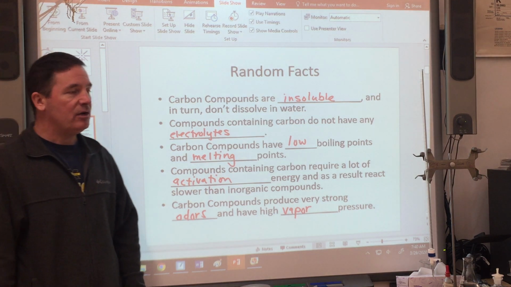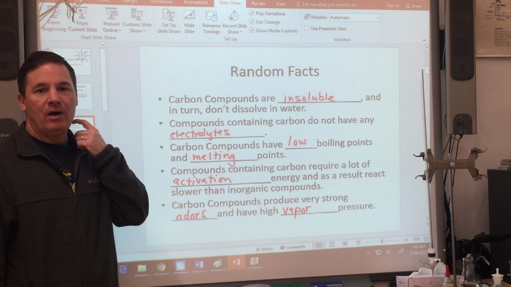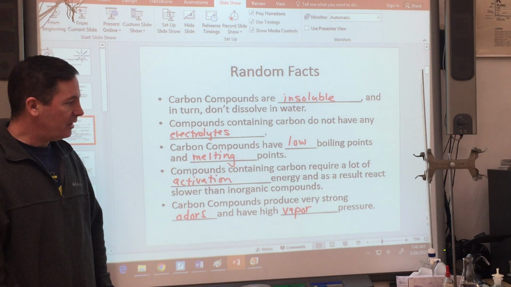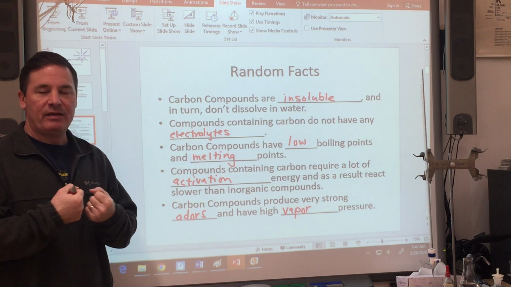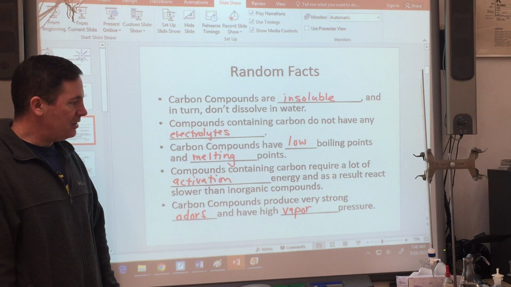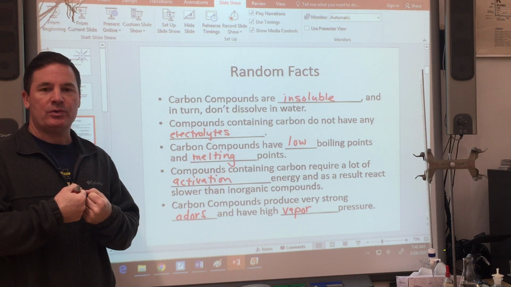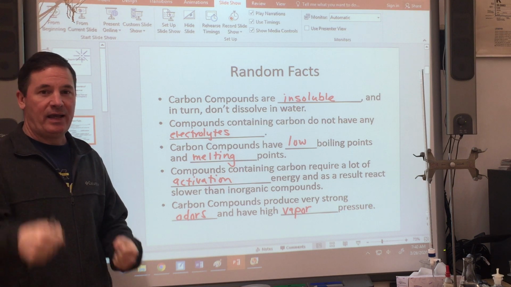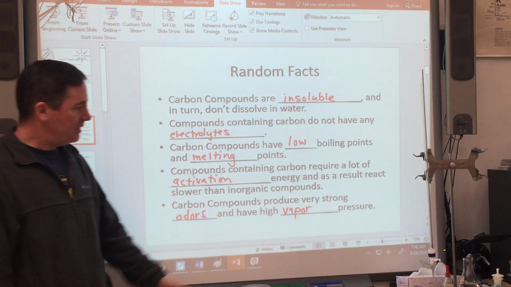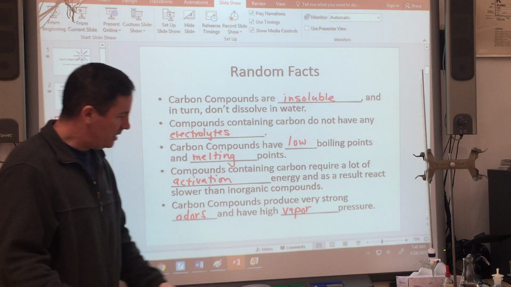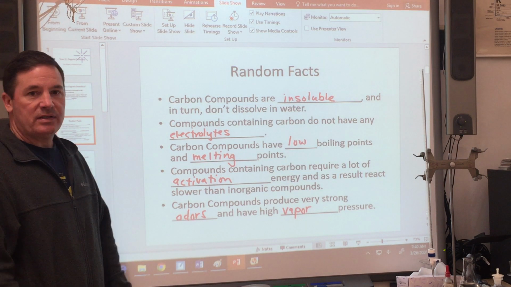The majority of organic compounds are non-polar. There are some that are polar, but the majority are non-polar, so there's not a lot of intermolecular forces going on. Because of that, it's easier for these molecules to separate from each other as a liquid into a gas, and they tend to have higher vapor pressures. An easy example to think about is gasoline.